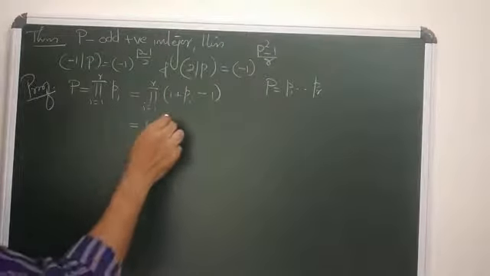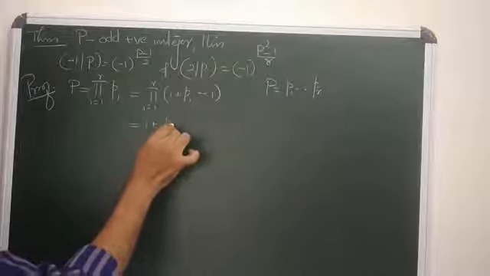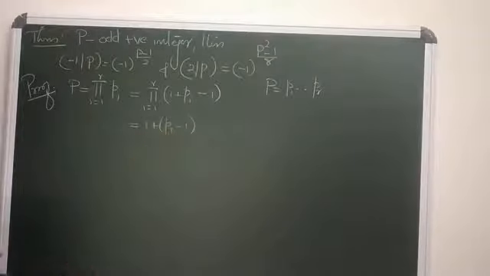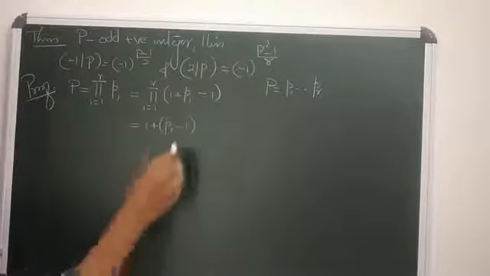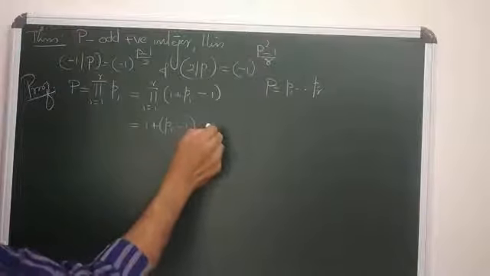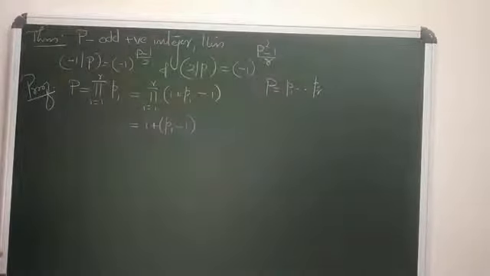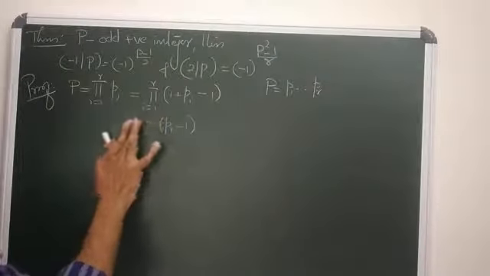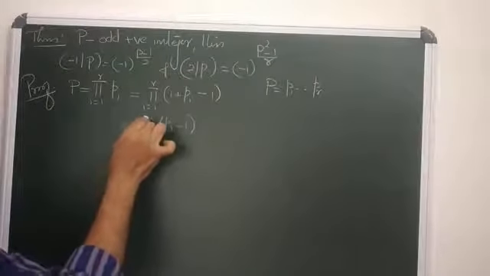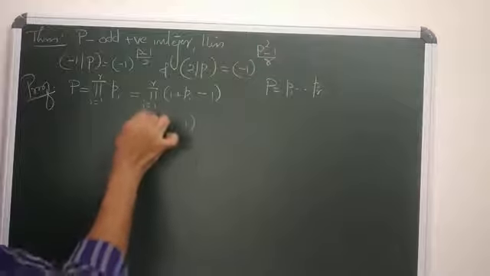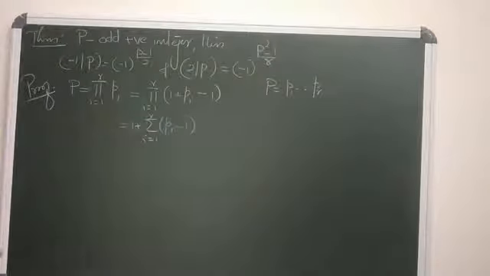Agreed. So 1 plus, the first term is p1 minus 1, or sigma, p1 minus 1 into p2 minus 1 into etc. pr minus 1. That is the first term. So it is 1 plus sigma i ranges from 1 to r of p1 minus 1, or pi minus 1.